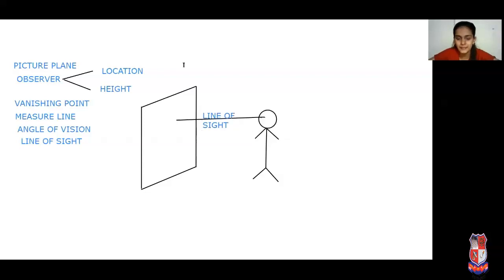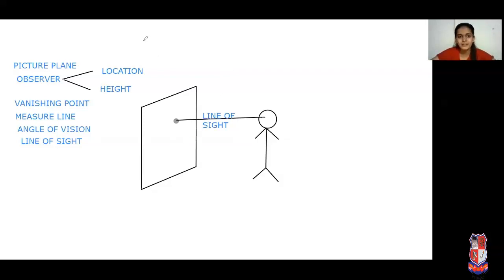What is line of sight? The horizontal ray which goes out of our eyes up to the picture plane. This horizontal line is known as line of sight, and it is perpendicular to the picture plane. Now consider the point where the picture plane and line of sight meet.